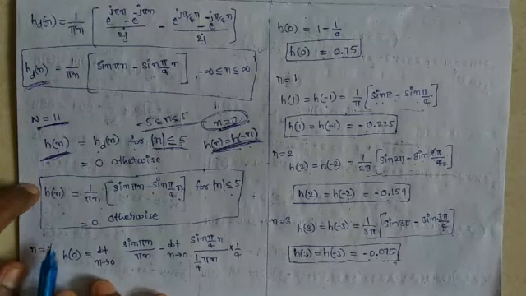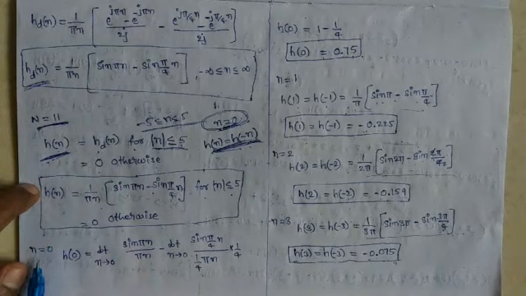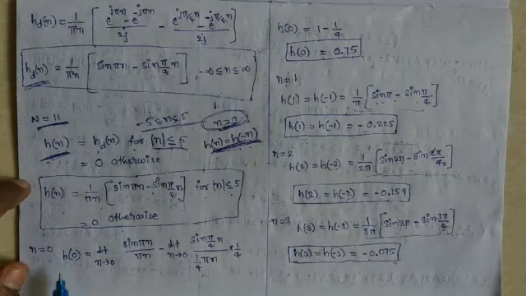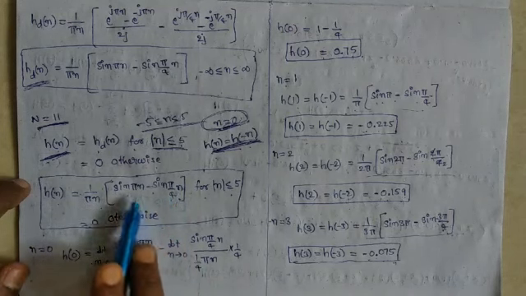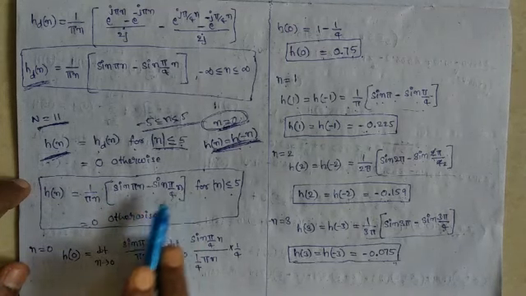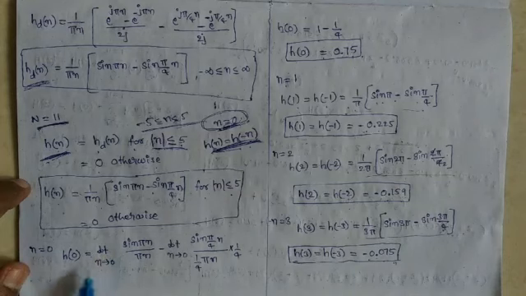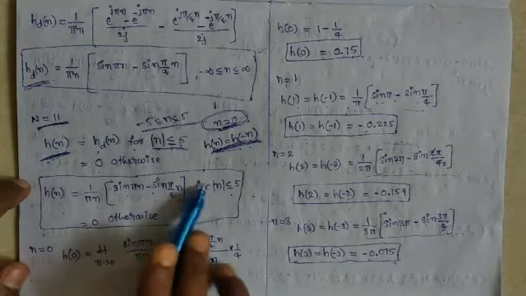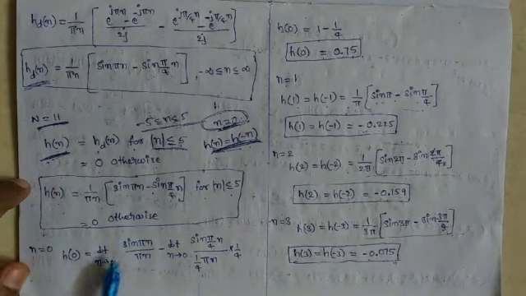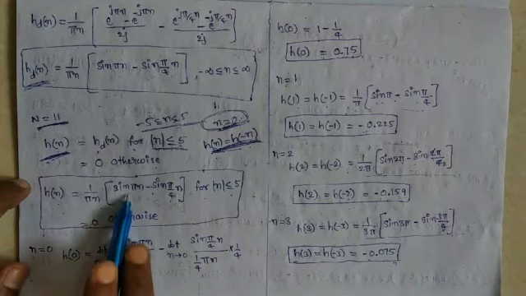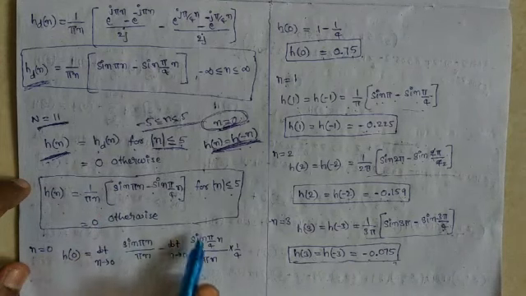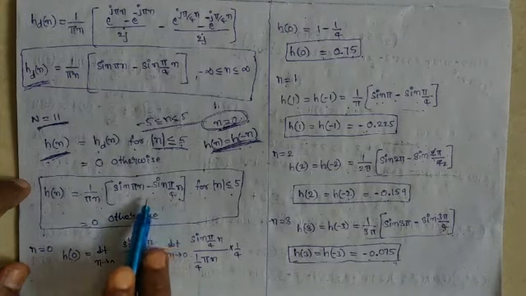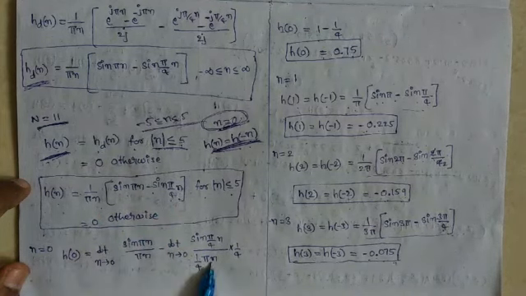First we are determining h of n corresponding to n is equal to 0. That is, h of 0 is equal to, multiplying these two terms with 1 by pi n, and then applying limit n tends to 0. Substituting n tends to 0 in this term: limit n tends to 0 of sin pi n by pi n minus sin 5 by 4 pi n by pi n.